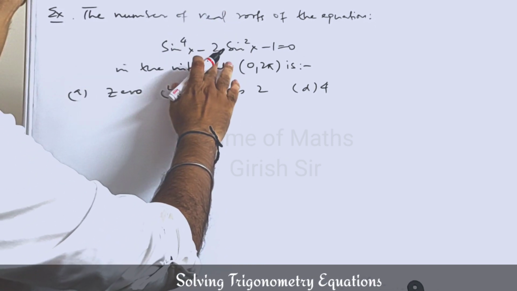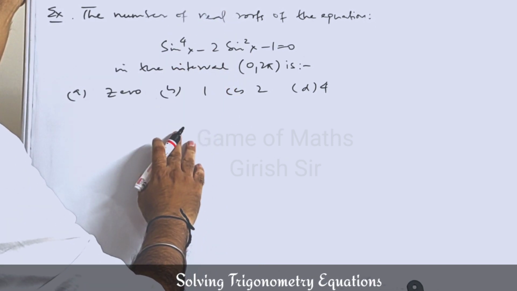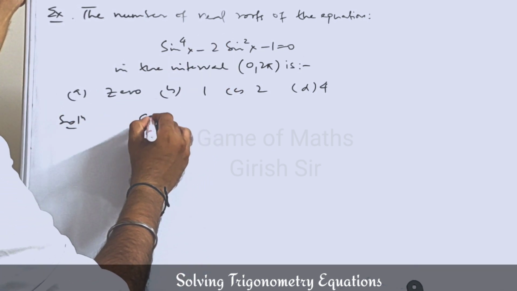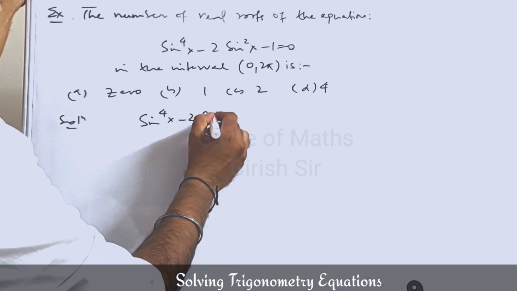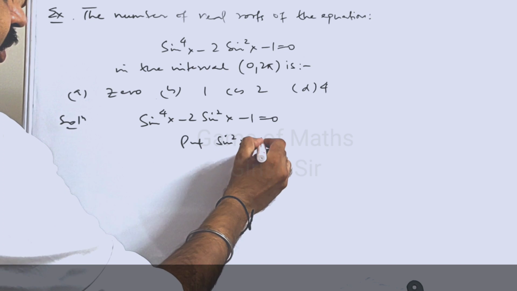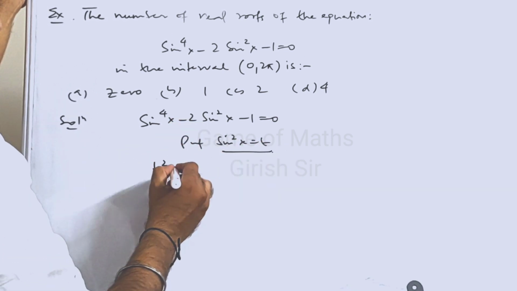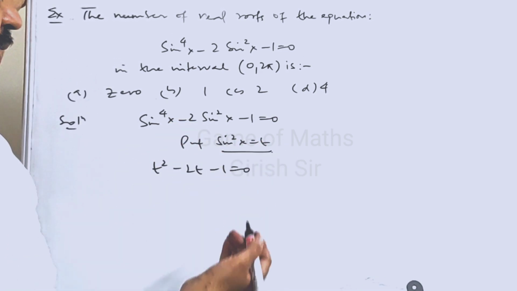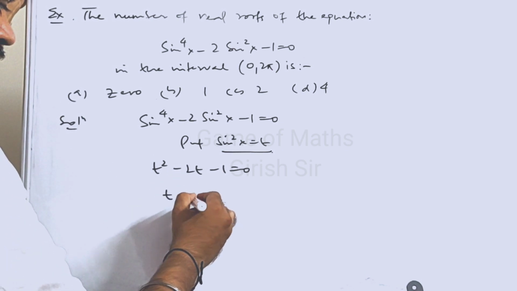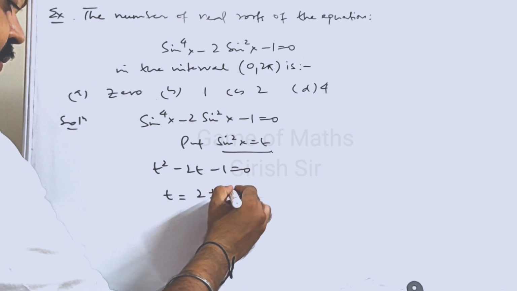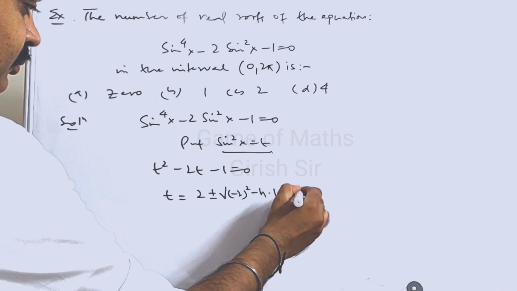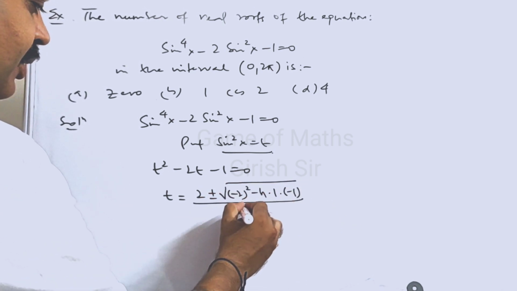Okay, let's solve this question. There's a given equation. We have to find how many real roots are possible. So step 1 would be, I put sin square x equal to t in this equation. So this is what we get. This is a quadratic equation in t. We can solve it using the quadratic formula. T would be equal to minus b upon 2a.